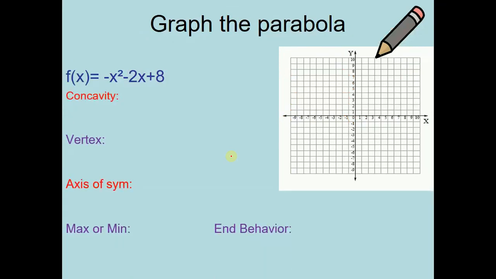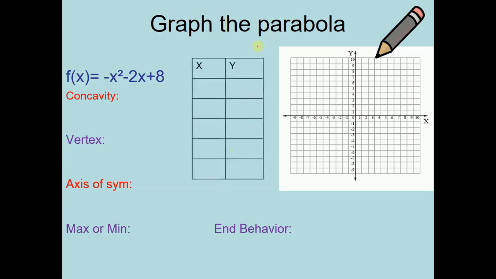Okay, let's go ahead and make our table here. Actually, let's find our vertex. So I have negative b over 2a. So that'll be negative 2 over 2 times negative 1, right? Because my a is negative 1. So I have 2 over negative 2, which is negative 1 for my x. If I plug that in here, I'll get negative 1 squared minus 2 times negative 1 plus 8.